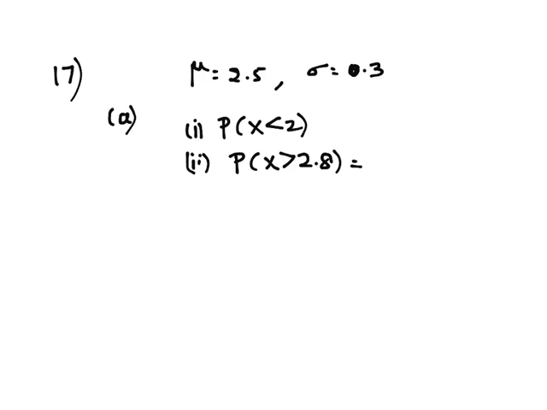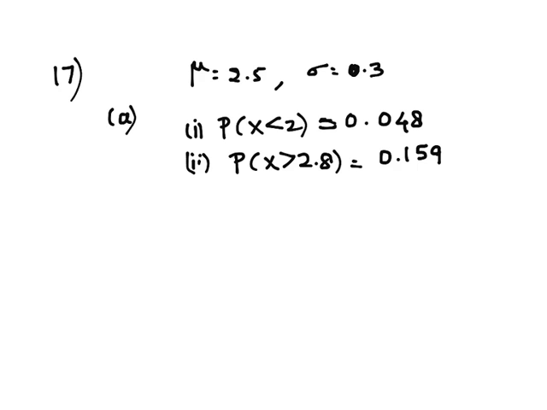So you get 0.0477, so 0.048. And for the second one, you need more than 2.8. So the lower is 2.8 and the upper is 10,000. So you get 0.1586, so 0.159.